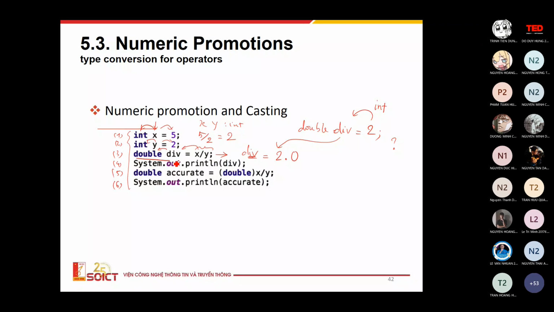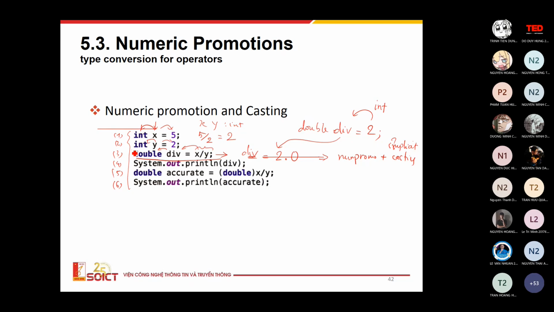So in just one command, you have numeric promotion plus casting. Okay. But this is implicit casting. You have two operations in one command. Okay.